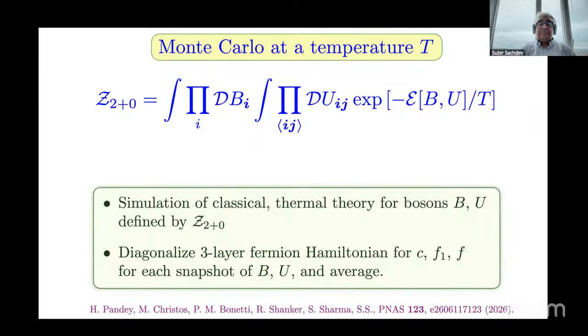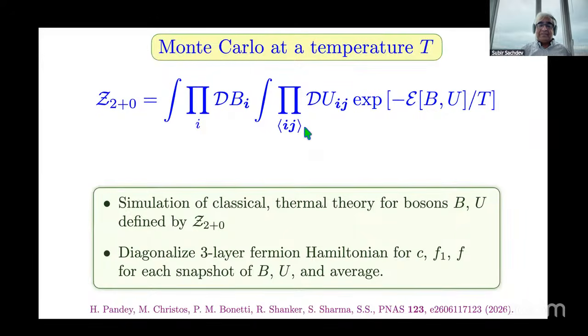So now what we do is a kind of Born-Oppenheimer procedure, which many people have done for the BCS theory. In the BCS theory, you take an XY model, you do some thermal simulation, and for each snapshot of the XY field, you diagonalize the Bogoliubov-de Gennes Hamiltonian of the fermions. We do exactly the same here, but for a gauge theory.